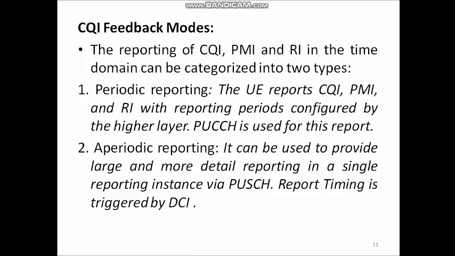In periodic reporting, the user equipment reports CQI, PMI and rank indicator with reporting periods configured by the higher layers. So here PUCCH, physical uplink control channel, is used. Aperiodic reporting can be used to provide large and more detailed reporting in a single reporting instance via the physical uplink shared channel. And here report timing is triggered by downlink control information, DCI.